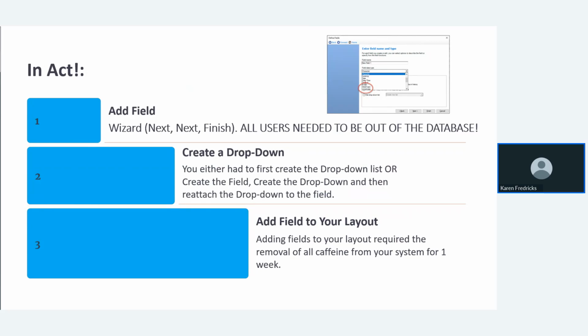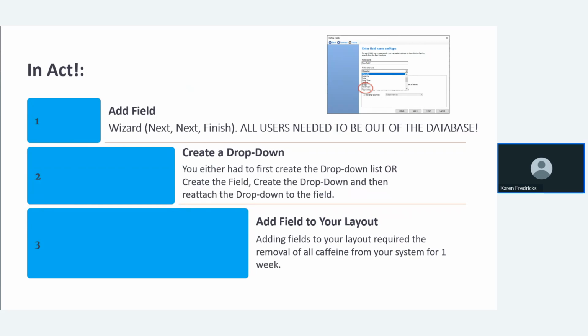Anyway, so in Act, we had a wizard that we could create those fields, and a lot of people had trouble because we had to go next, and we had to kick our users out of the database. If you wanted a drop down, you had a choice of either creating the drop down first, which seems kind of backwards, sorry. You'd say, I'm going to create a field and I think I'm going to have territories, so let me make that territory drop down first, then I'll make the field and then I'll connect the drop down.